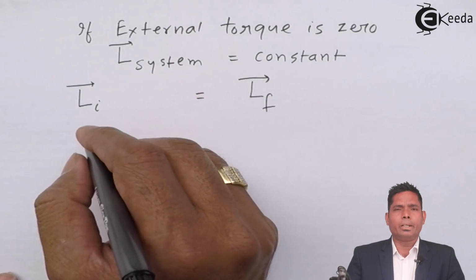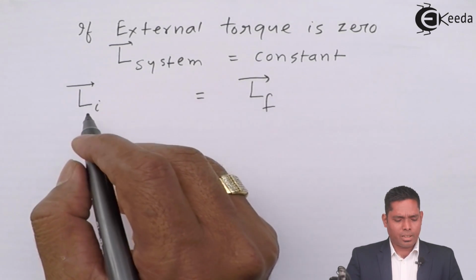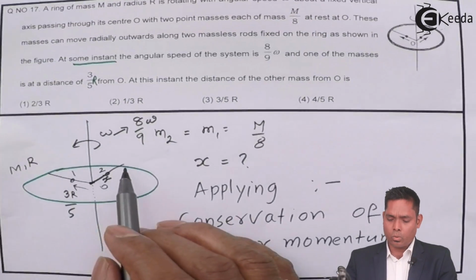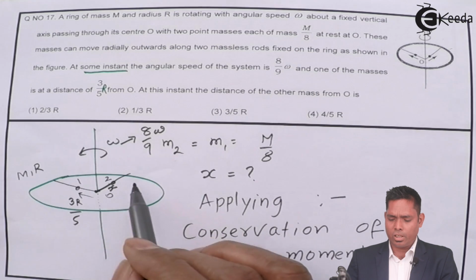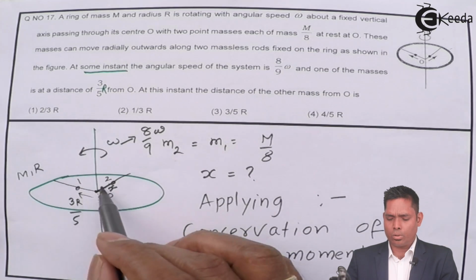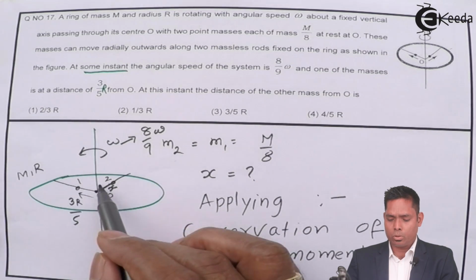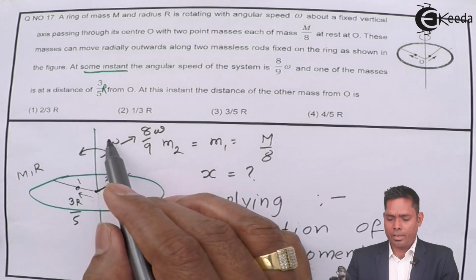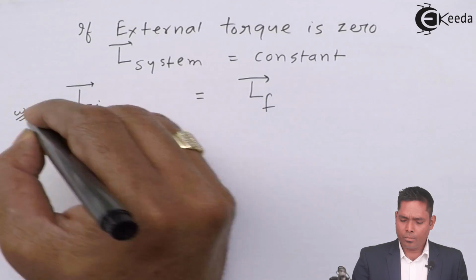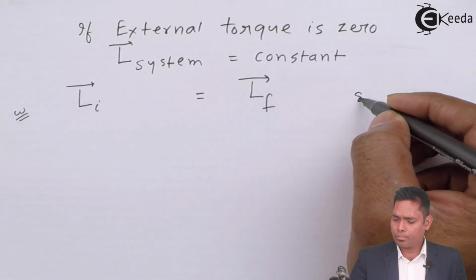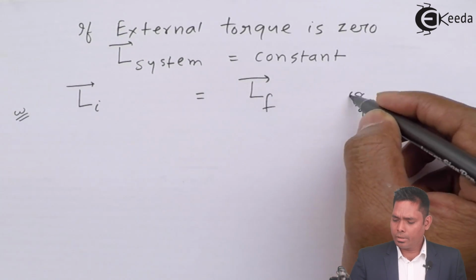The initial angular momentum: these two masses are at rest. There are total 3 objects, the 2 point masses and one ring. These two are at rest, so the angular momentum is that of the ring alone; initially it starts with omega, and finally it becomes 8 by 9 omega.